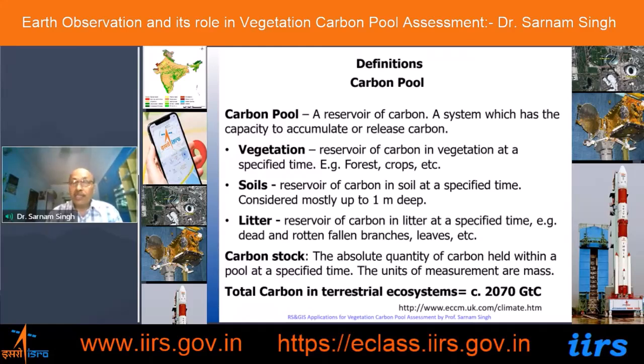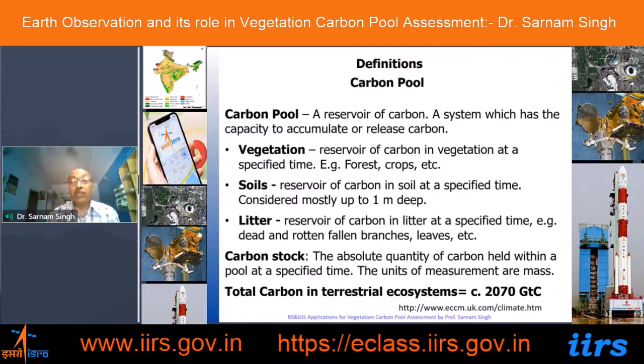So let us start with the carbon pool, which is today's topic, and we will focus on the vegetation carbon pool. Mainly we can classify carbon pools into 3 types. These are basically the reservoirs of carbon, where carbon is stored or exchanged. A reservoir of carbon is basically a carbon pool, and this is stored in the vegetation, in the soil, and in the litter.